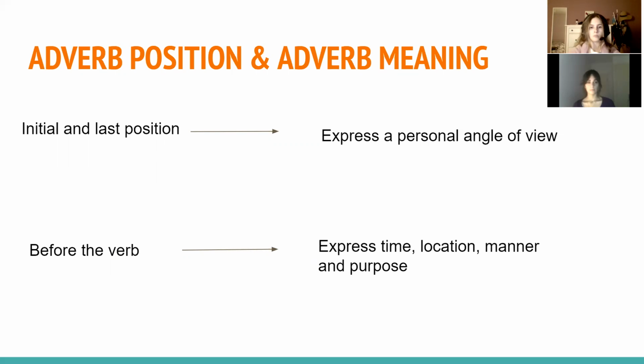The adverbs that are placed at the beginning or at the end of the sentence, as we said, are usually sentence adverbs, and they express a personal angle. And these can be modal adverbs, evaluative adverbs, and domain adverbs. Whereas verb phrase adverbs are usually placed before the verb, and they express manner, time, location, and purpose.